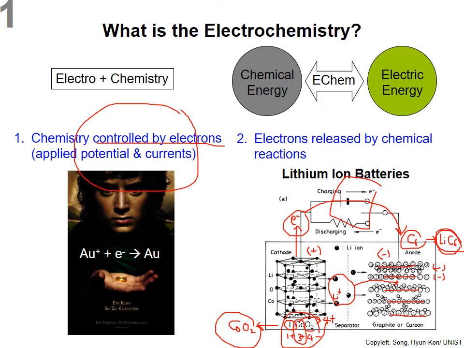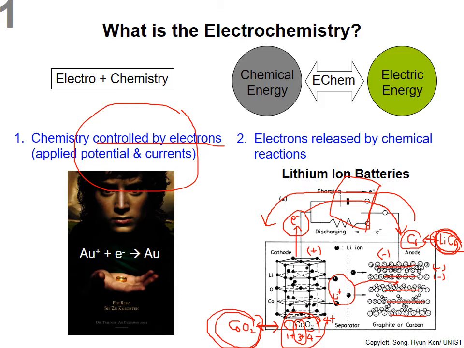So when those two electrodes are connected to some resistance or load or laptop or your cell phones, then electrons flow from here to here, back to there. So finally lithiated graphite is going back to C6, and also cobalt oxide is going back to lithium cobalt oxide.